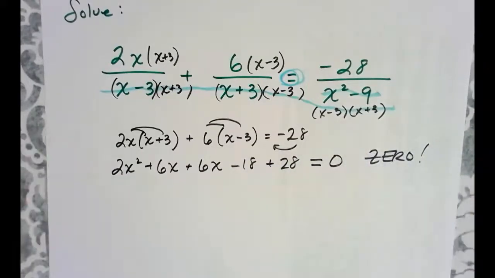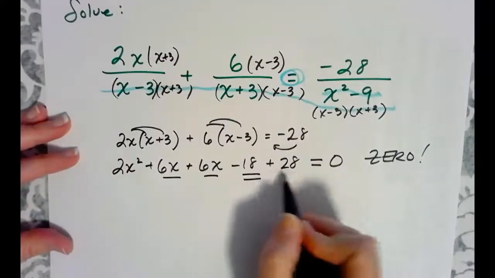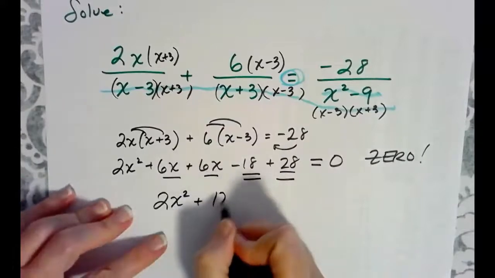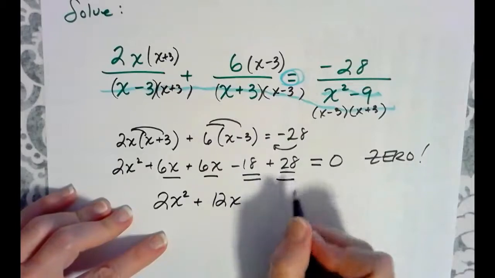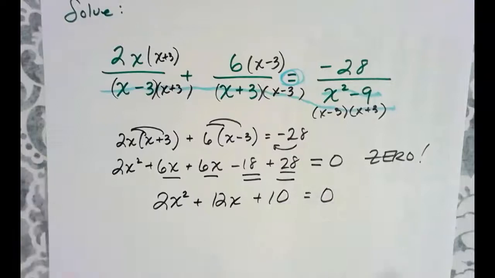Got to do that. Combine like terms. 2x squared plus 12x, negative 18 plus 28 is a positive 10, and that is now equal to 0. Now, one thing we can do with this problem to help ourselves out is 2, 12, and 10 are all even numbers.